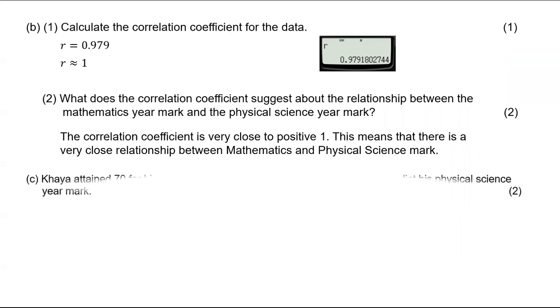Now, in C, they say to you, Kaya obtained 70% for his mathematics year mark. He used the model in A to predict his physical science year mark. I'm going to go back to A and figure out what model they are talking about.